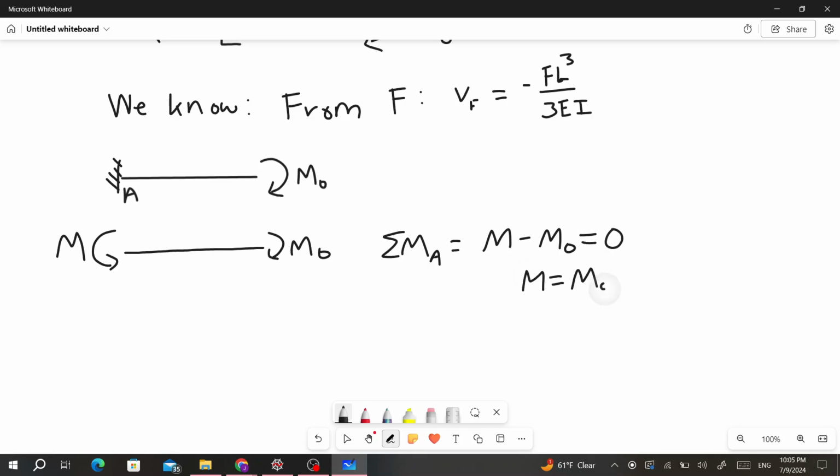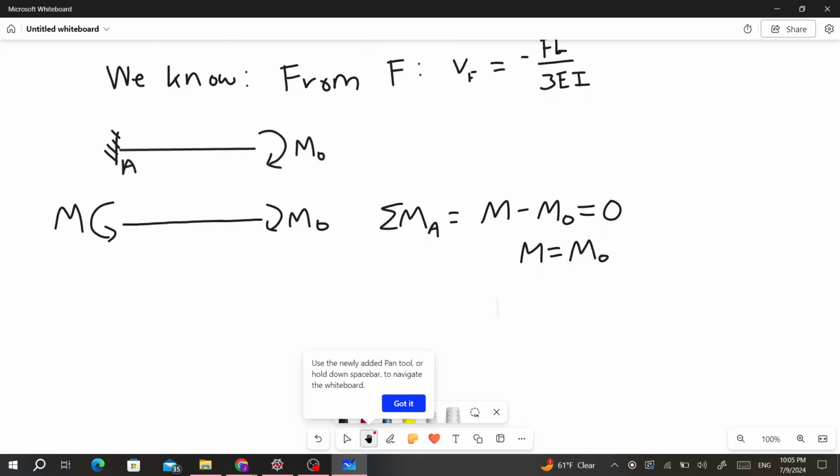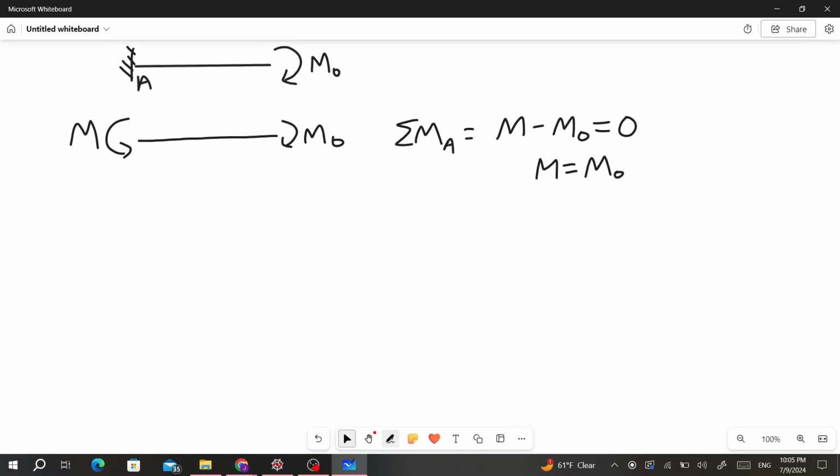Alright, so that's not a surprise. You can kind of see it just by looking at it. So we get that m is equal to m0, and then we draw our shear and moment diagrams.